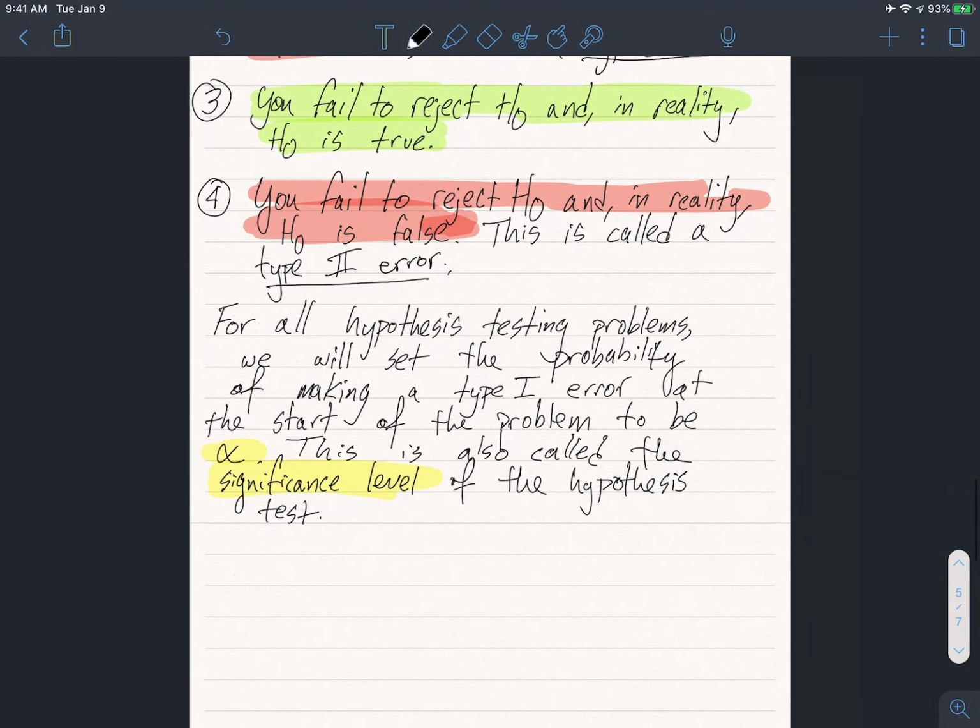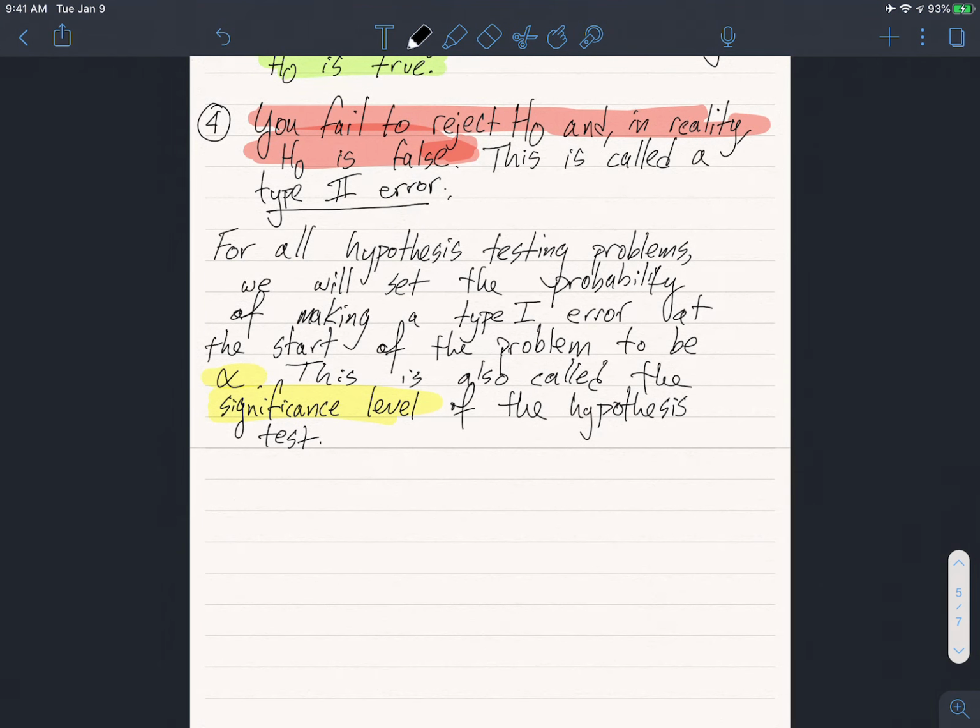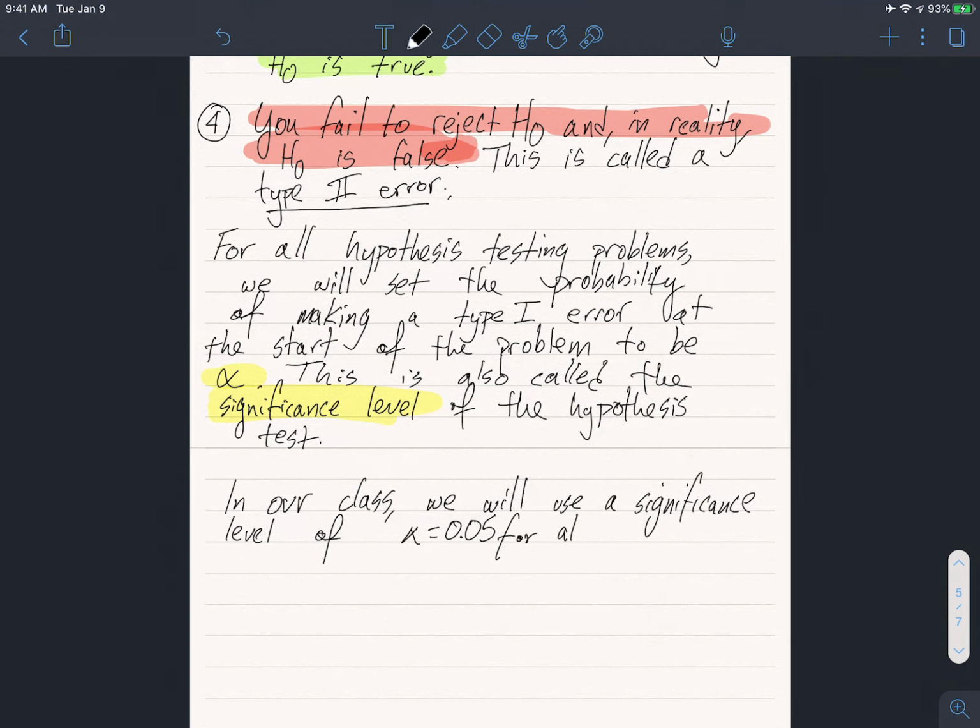To make things easier on you guys in our class, we will use a significance level of alpha equal to 0.05 for all problems.